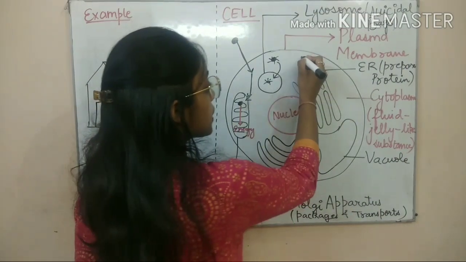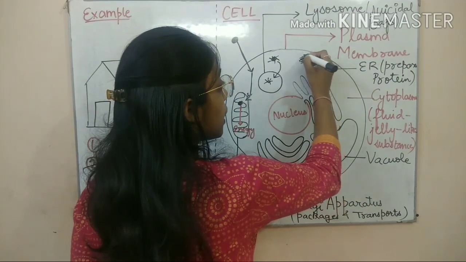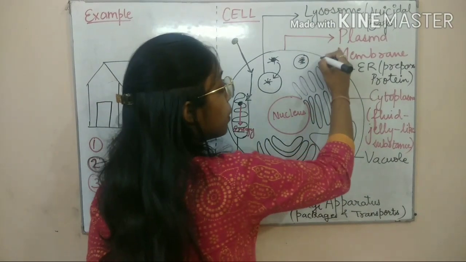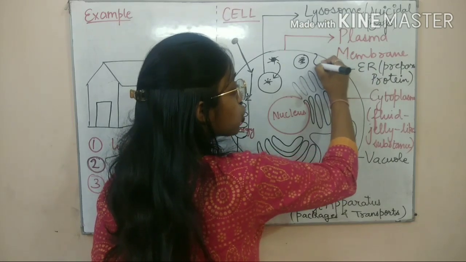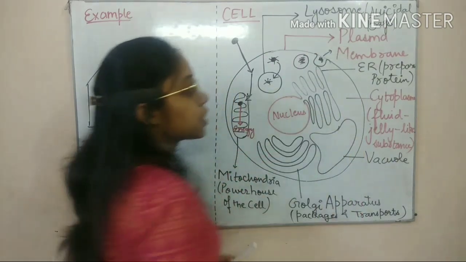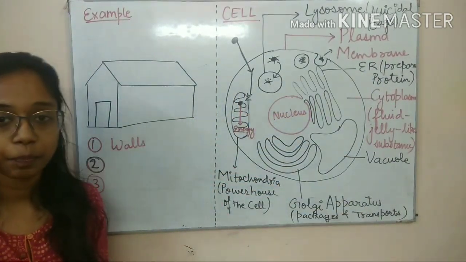For example, this is the waste material produced in the cell. It will be covered inside a vesicle and then it will be pinched off like this from the cell. So that is how excretion in a cell takes place.